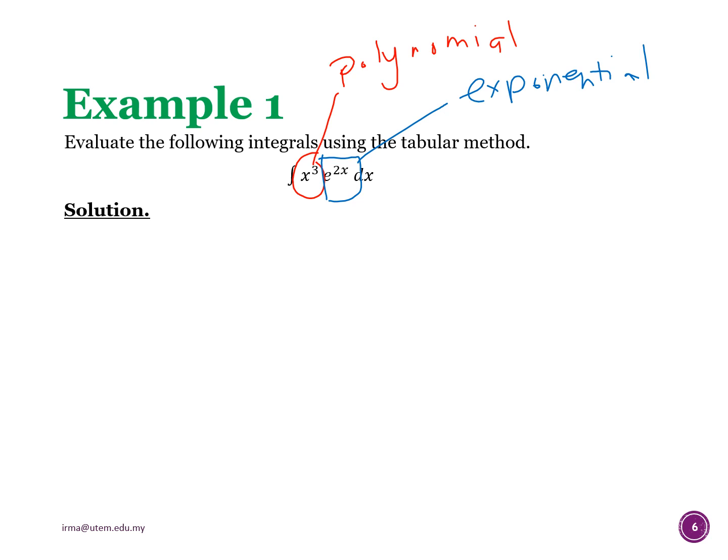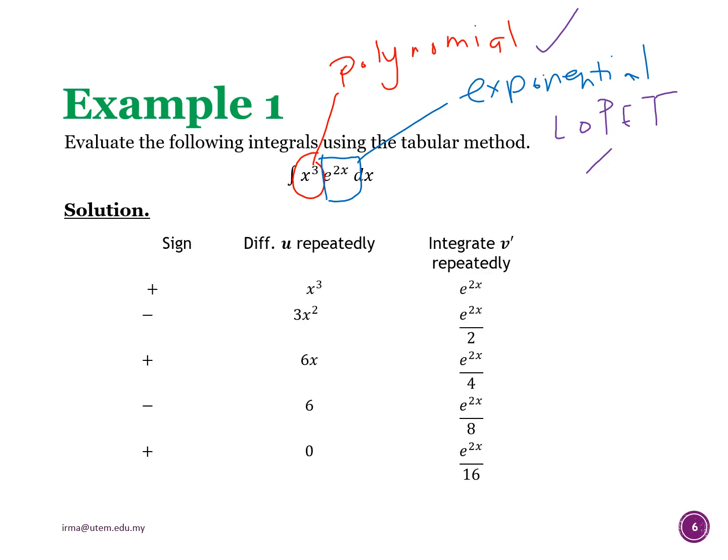If you use LOPET, which one will come first? P will come first. So we will take the polynomial as something to differentiate, and meanwhile the exponential is something to integrate.